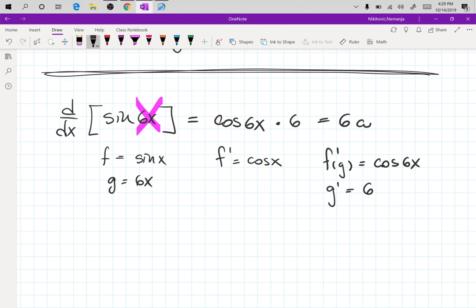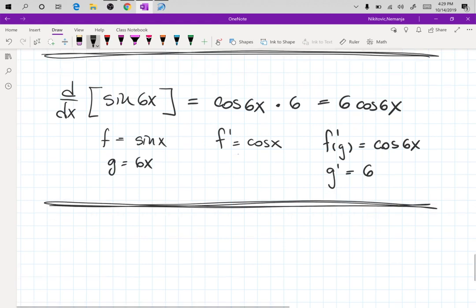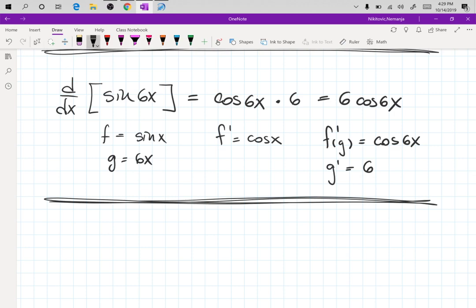So it's 6 cosine 6x. And then you get rid of this. It's going to take some time to get used to this mess, but eventually you will get used to this mess, because this is 90% or 99% of your derivatives. It's going to be this.